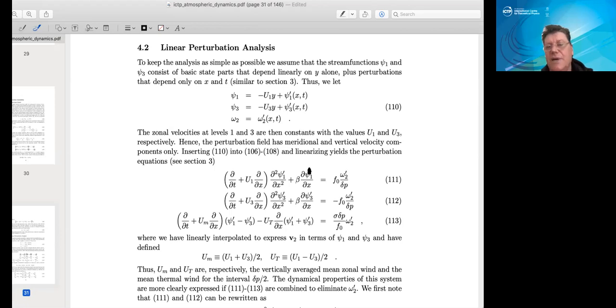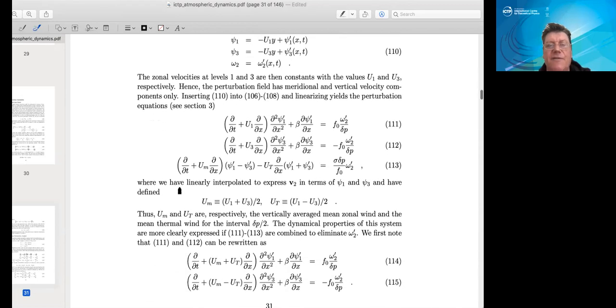And you can easily work out that the perturbation vorticity equations and thermodynamic equations now look like this. This is again a complete set of equations. After the linearization, we can immediately work out the solution, because we will insert later on again sine and cosine waves for our perturbation quantities, and that will solve the system.